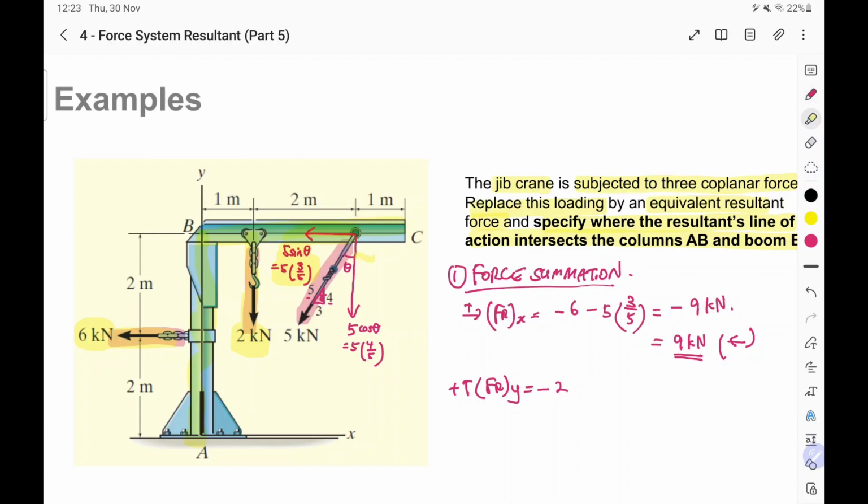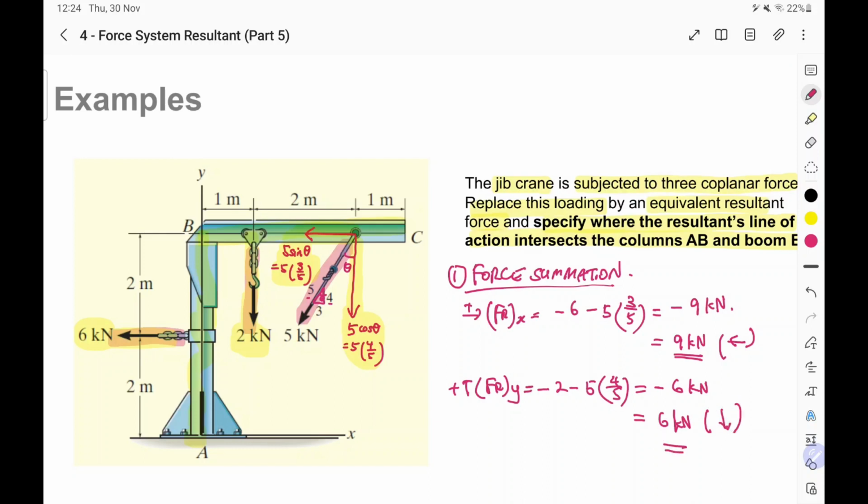And then we have another thing over here, which is a 5 cos theta or 5 times 4/5. Again, it is pointed downward. So in our equation, it becomes -5 times 4/5. So you total all that in your calculator, you will get a value of -6 kilonewton. So this indicates that the resultant force in the y direction has a magnitude of 6 kilonewton, and because it is negative, then the direction is pointed downward.